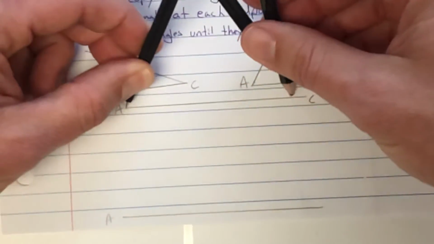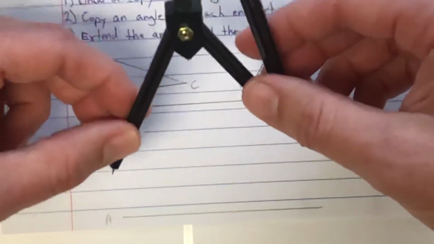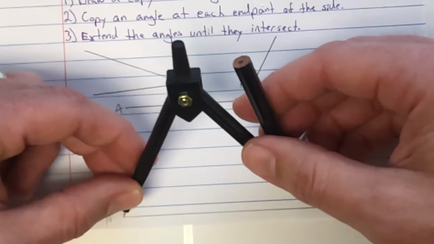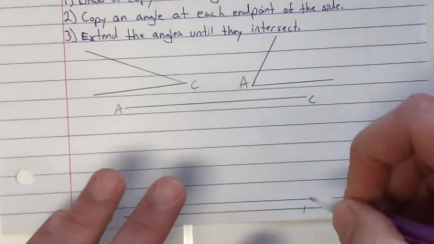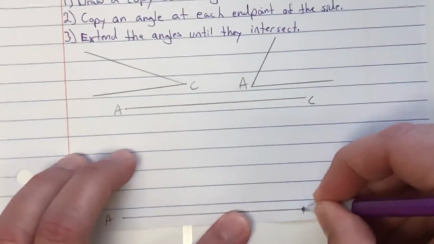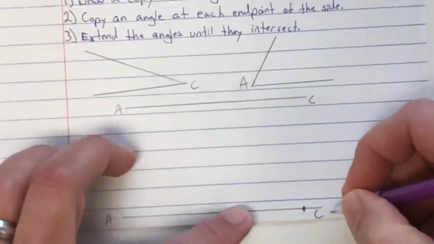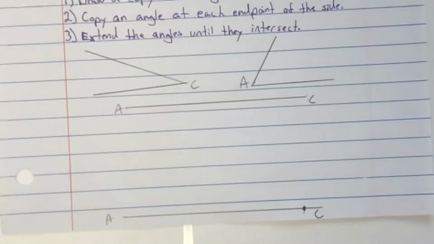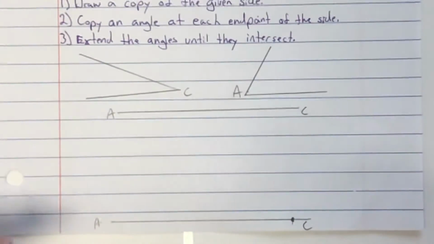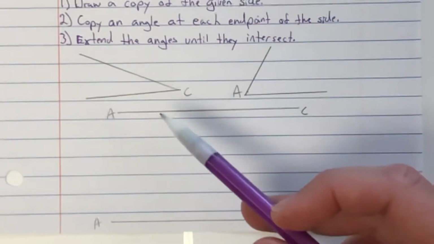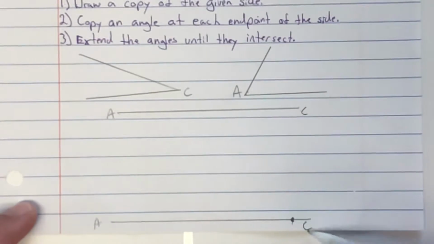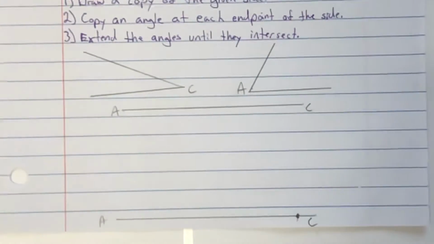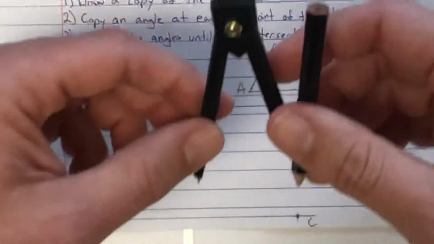Again, to match this, I'm going to grab the measurement of AC real fast, and I'm going to mark it just like so, AC. Now I need to replicate the two angles, A and C, where they're supposed to go here. A is going to go over here, C is going to come down here, and we're going to make the same angle. So let's start with A.